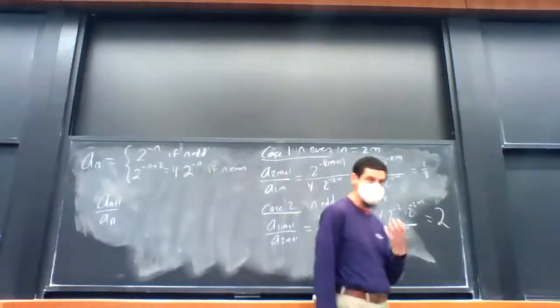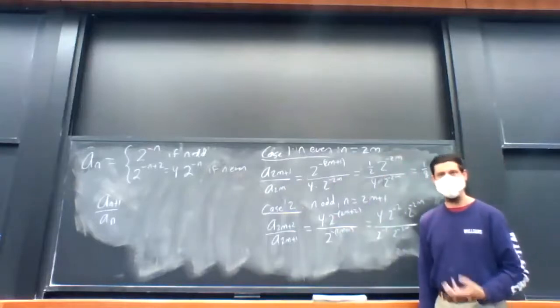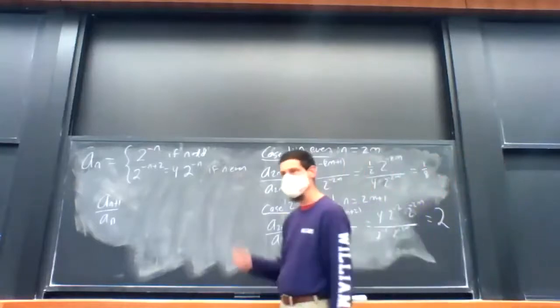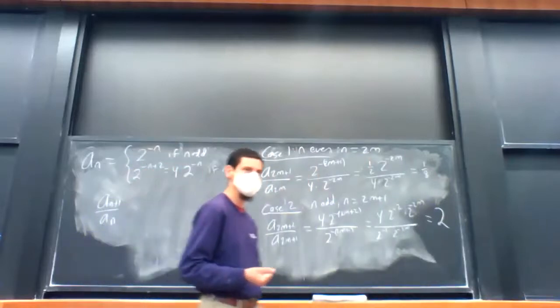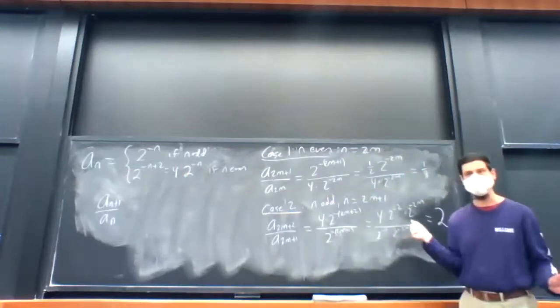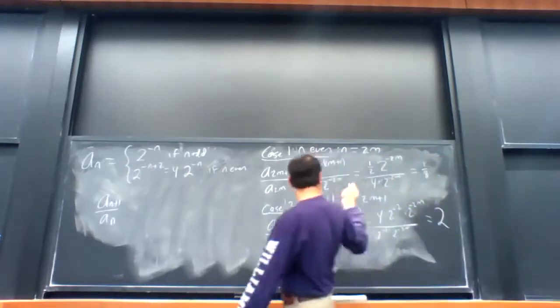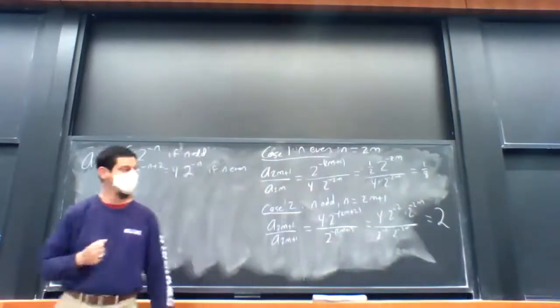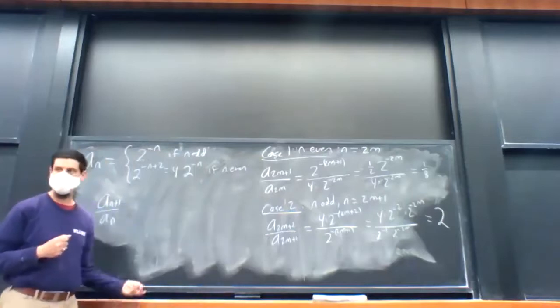The ratio test says if the limit exists, then if rho is greater than 1, it diverges. If rho equals 1, no information. If rho is less than 1, it converges. Does the limit exist? No, the limit does not exist. It's equal to 1/8 if we go through the evens, and equal to 2 if we go through the odds. So we can't use the ratio test.